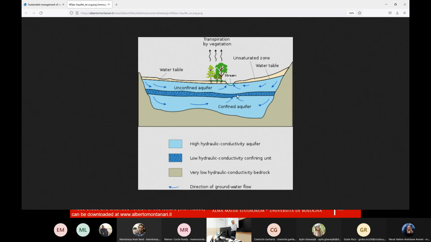So if you think of two sponges, one that is very permeable and the lower one that is less permeable, and you put the water in the upper one, then you have, after a while, the lower sponge that becomes wet. And then if you dry the upper one, it gets immediately dry. The lower sponge becomes humid, remains humid.